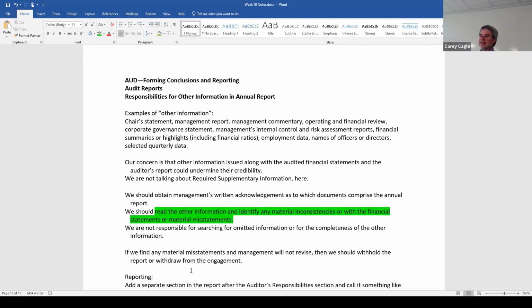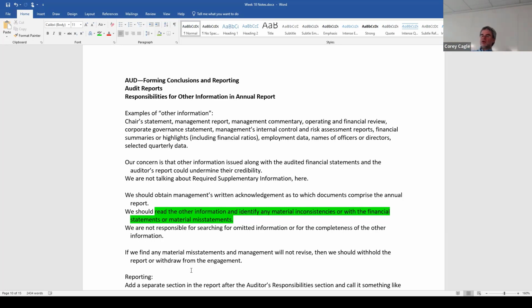We're talking things like annual report stuff, the chair statement, the management report, commentary, financial review, operating review, internal control reports, summaries, highlights, financial ratios, data about their employees, names of officers or directors, quarterly data that they might highlight selected tidbits on. Other information in the financial or annual report, rather. What about that kind of thing if we're an auditor?